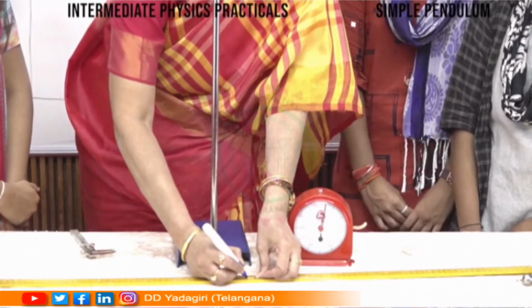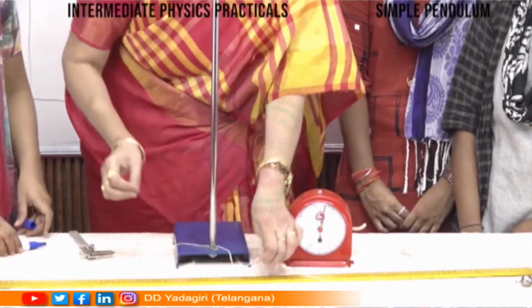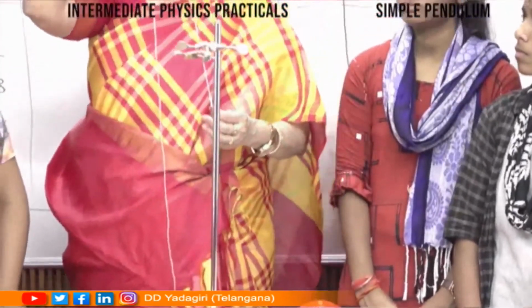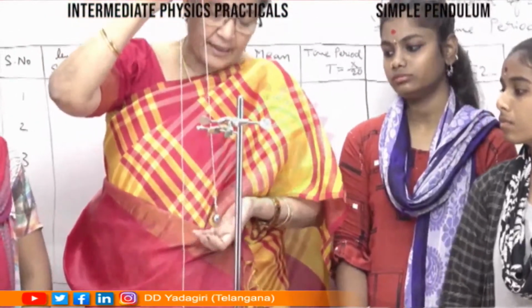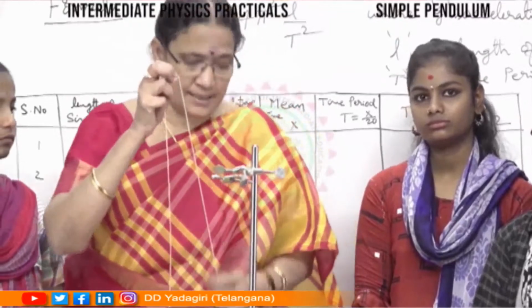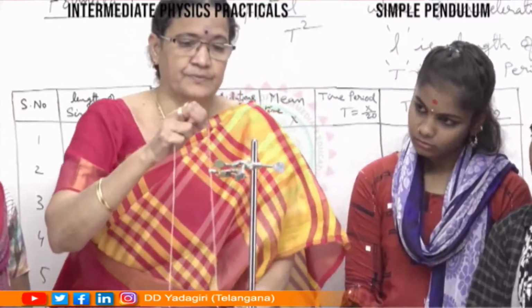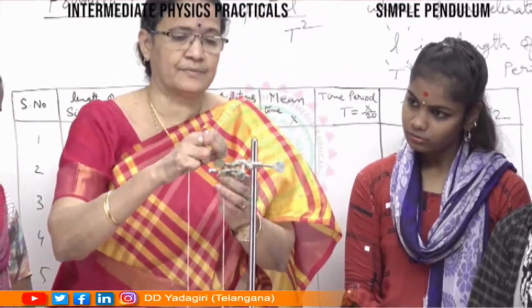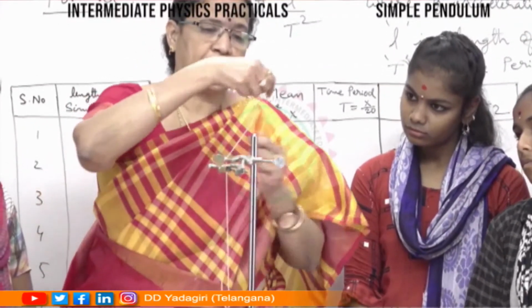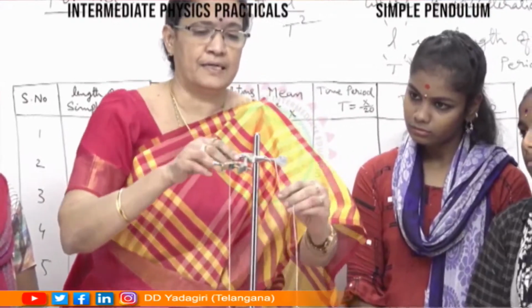I am taking 51 because roughly I am taking a length of 51, not 50. I am assuming the radius of the bob to be 1 centimeter. So if I just tie it here, I see that the ink dot becomes the point of suspension.